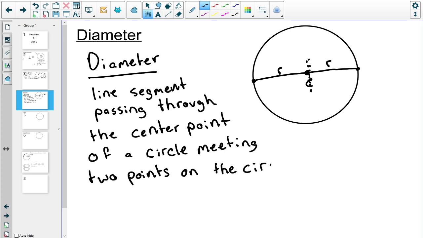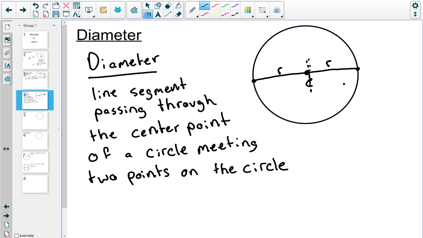One thing I want to clarify is what I mean by on the circle. What about this point right here? Say this is A. A is not on the circle. On the circle is anything on this black line that goes around and creates the circle, the curved edge. So anything on that would be labeled on the circle.